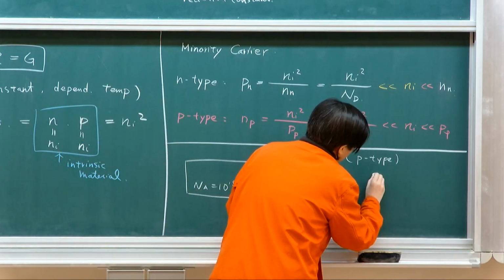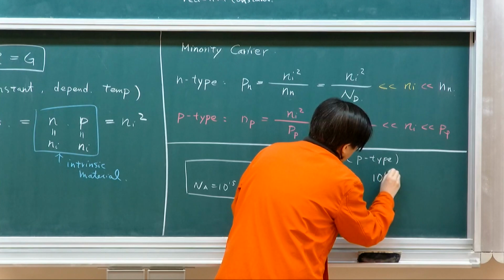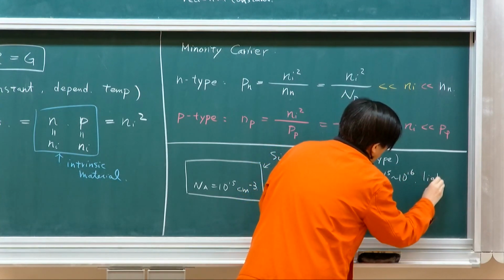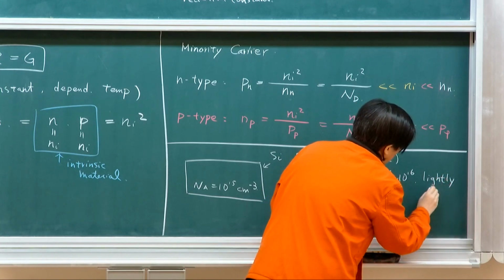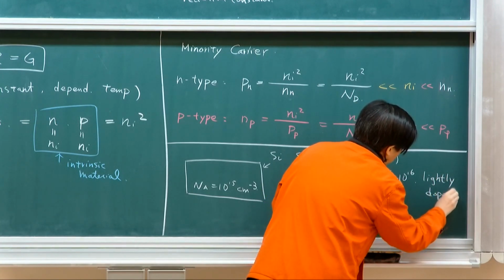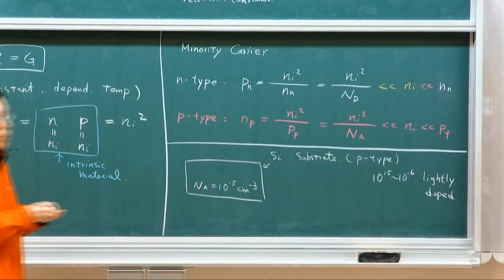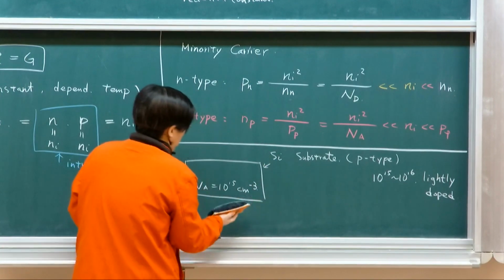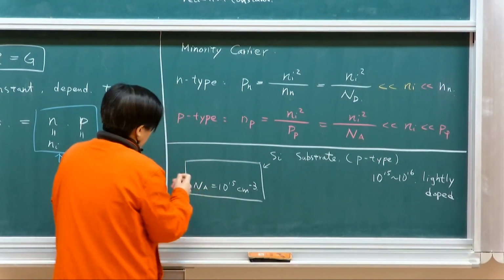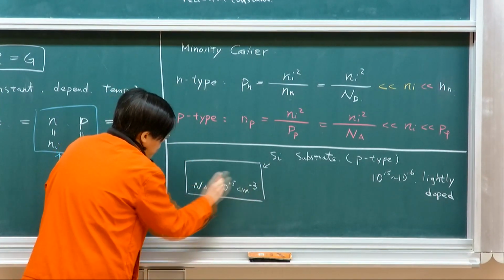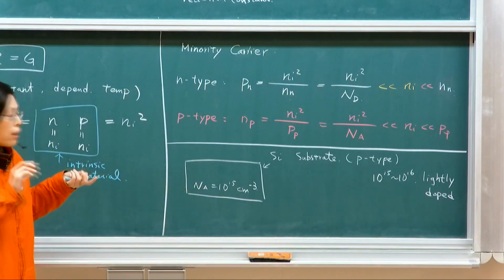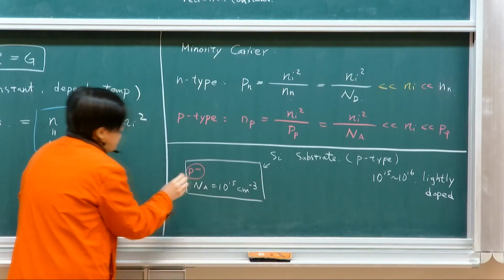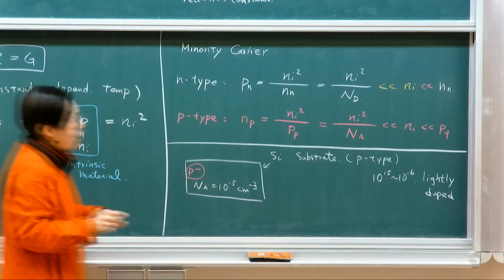So 10 to the 15 to 10 to the 16th is typically referred to as lightly doped. I'm doping it with 10 to the 15, so it's lightly doped, and it's typically referred to as a P minus region. P minus simply means lightly doped.